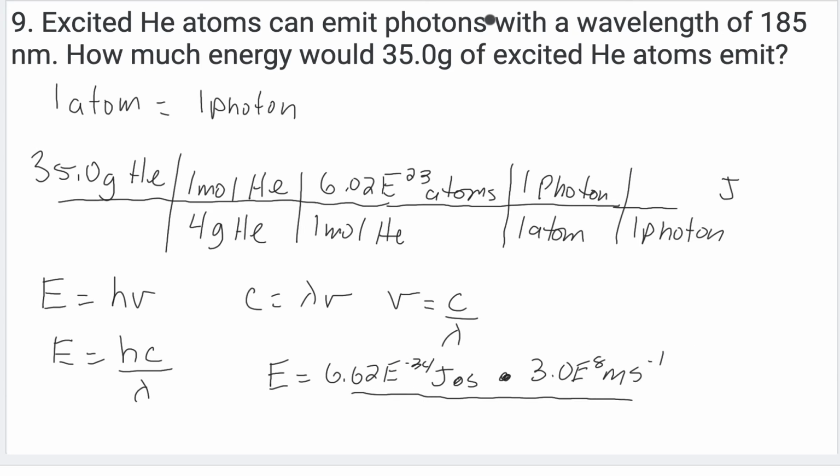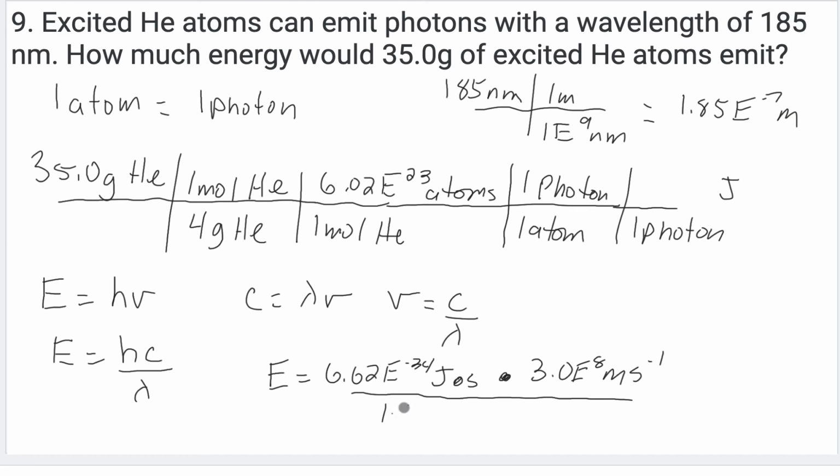Oh, the wavelength though is in nanometers. We have to change that to meters before we use it because it has to match our units down here. So in 1 meter, there's 1 e to the 9th nanometers. And so basically that's going to be 1.85 e to the negative 7th meters.